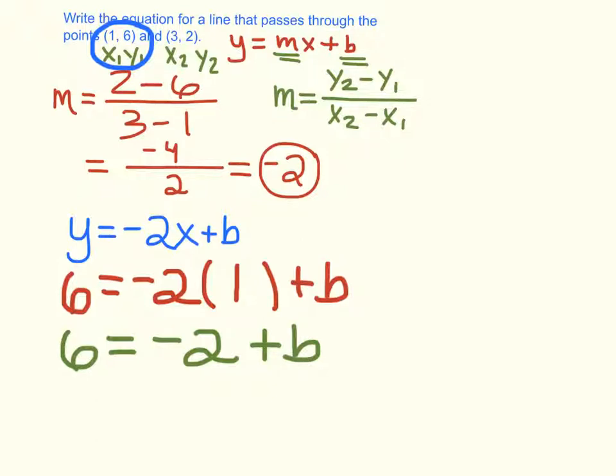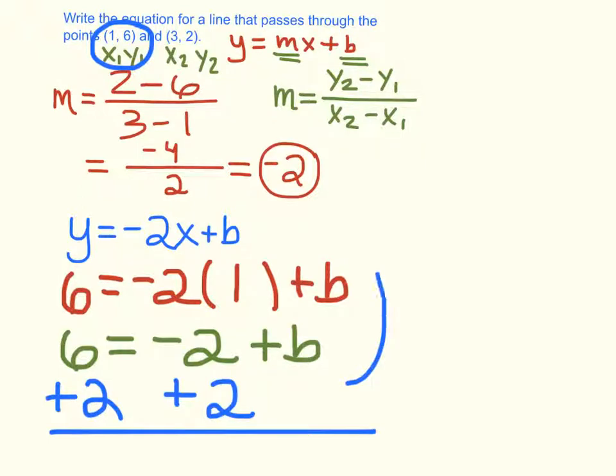Now all that remains is just to get the b by itself. And we can see that all that's being done to the b here on this side is that there is a negative 2 being added on. And remember, adding on a negative, that's like subtraction. So really this is subtraction we have to undo, and we undo subtraction using addition. So I'm going to add 2 on each side.